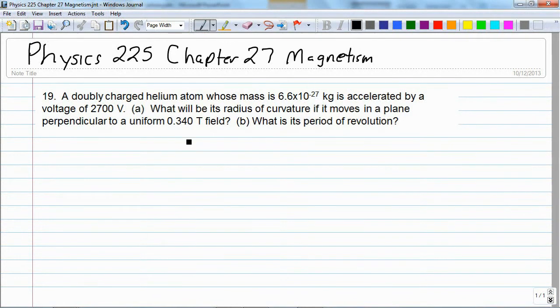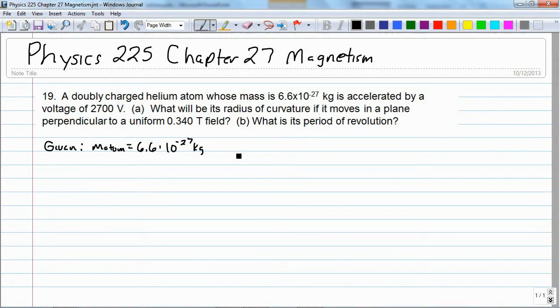So we are given the mass of the atom, which is 6.6 times 10 to the minus 27th kilograms.